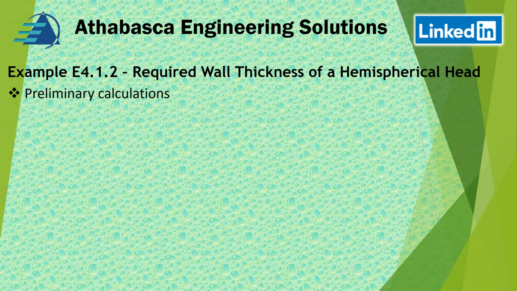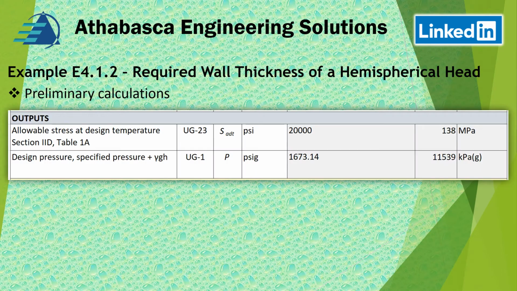For our preliminary calculations, from that table we showed you earlier, we've got 20,000 PSI or 138 megapascals. We have to make an adjustment because our design pressure is equal to the specified pressure plus the hydraulic head, the static head, which is rho g h.